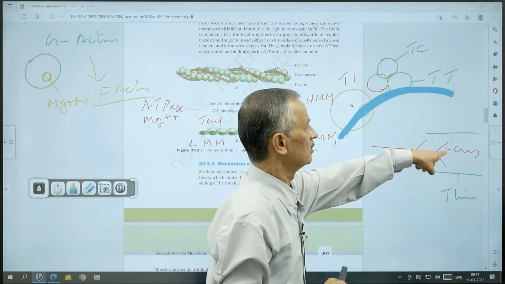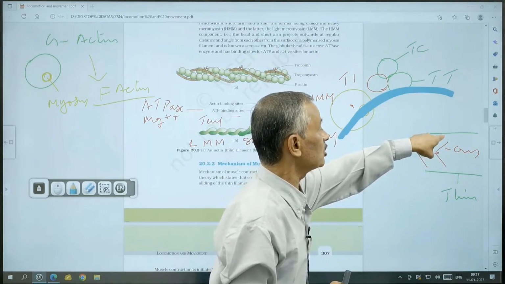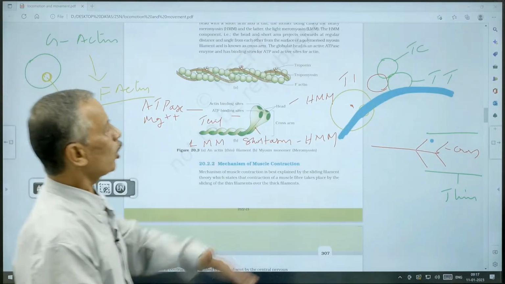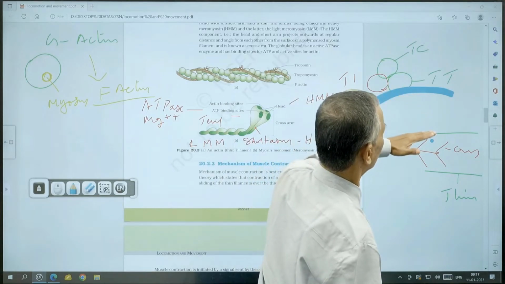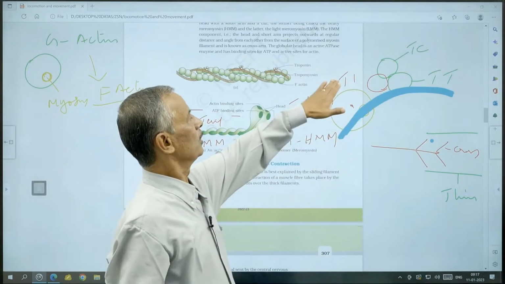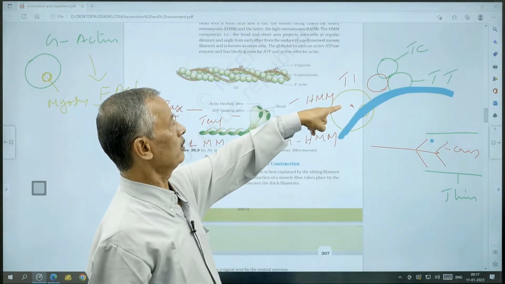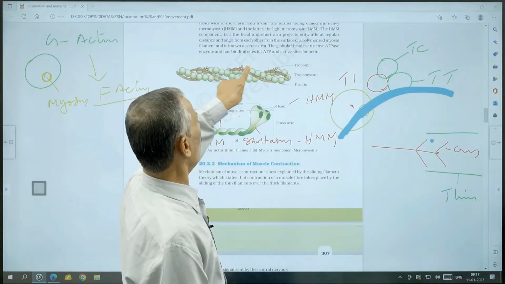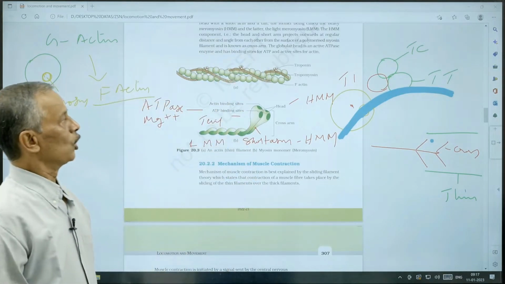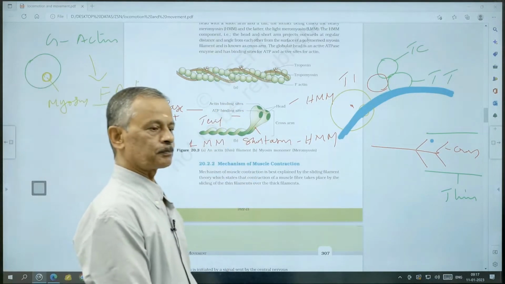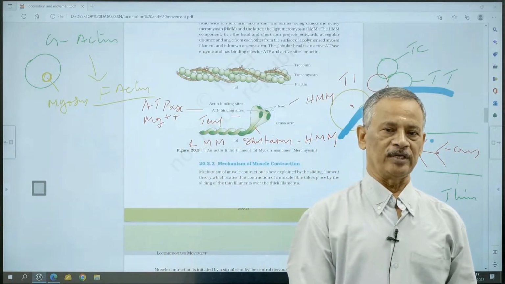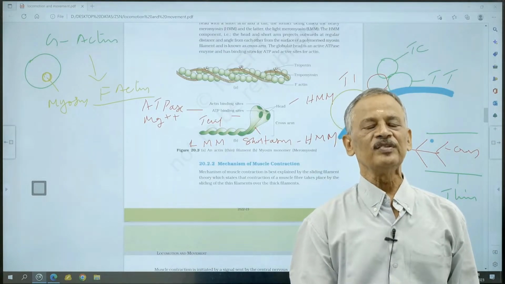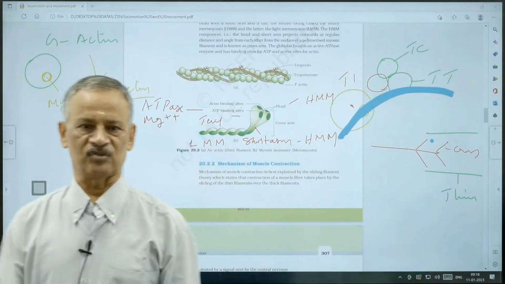Now this head, the cross arm, cannot come and attach to the thin filament. They attach only when this masking is removed by the TI subunit. So troponin is a regulatory protein located along the tropomyosin at regular intervals. Troponin and tropomyosin are regulatory proteins, whereas actin and myosin are structural proteins. So this is the structure of a striated muscle fiber.